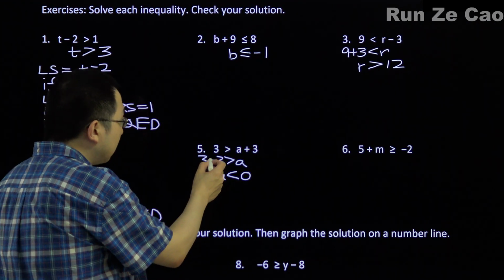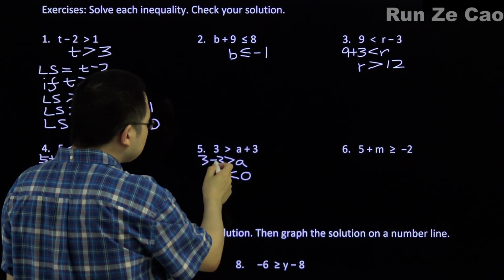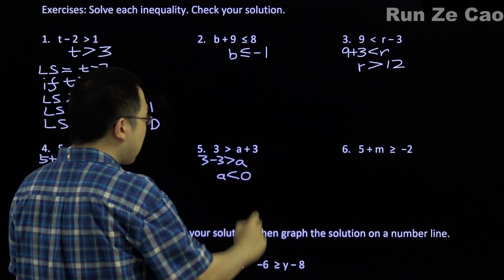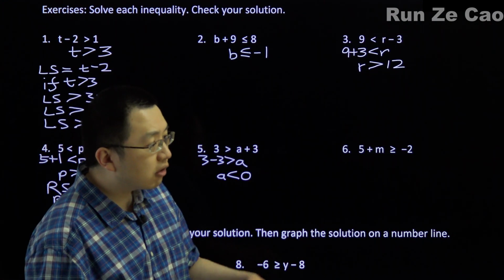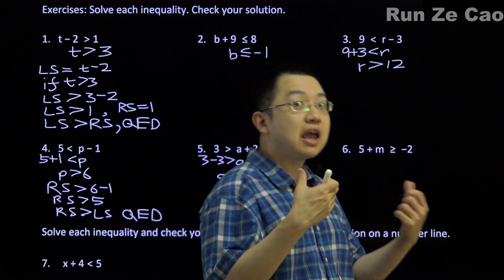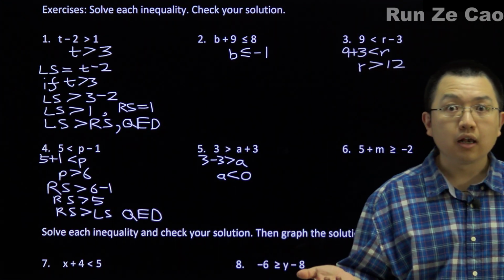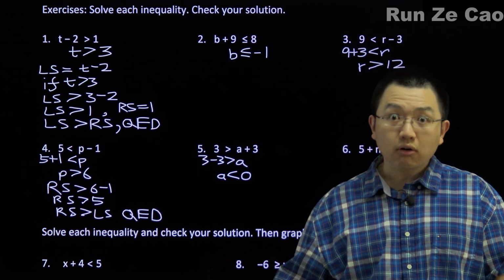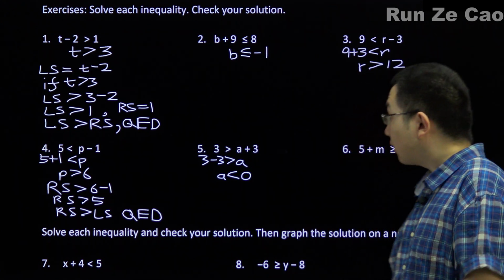Because we said 3 minus 3, so 0 is bigger than a. So if 0 is bigger than a, that means a has to be less than 0. Yes? Okay.